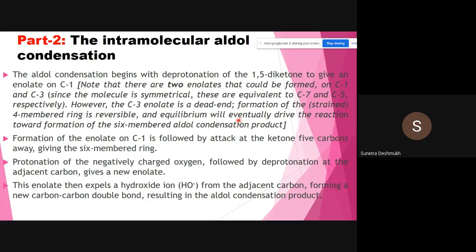So why the 1,5 diketone now? Why is the enolate forming at carbon number 1, and why is the enolate not going to form at carbon number 3?